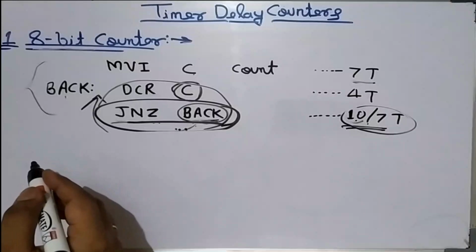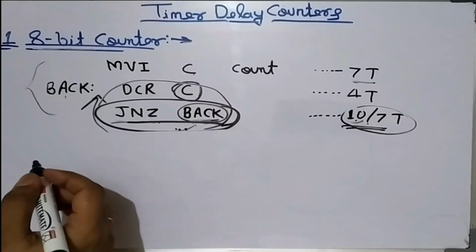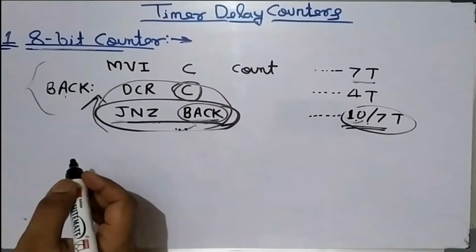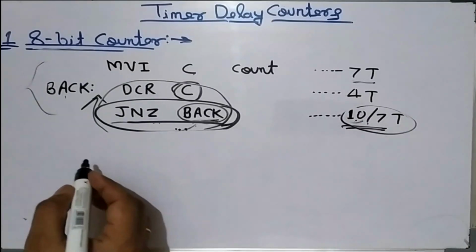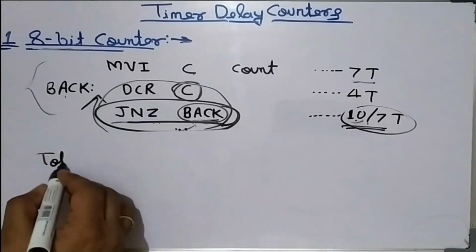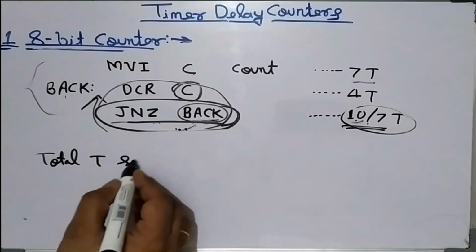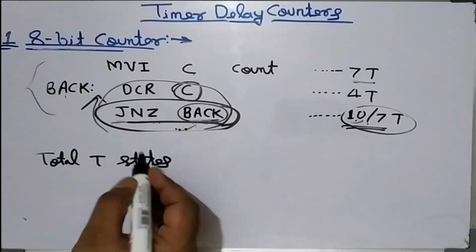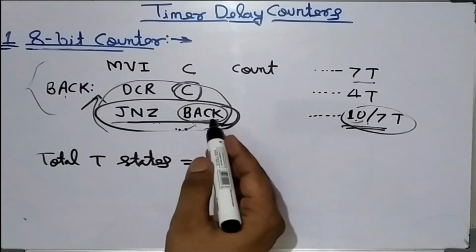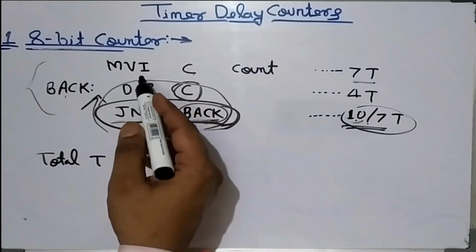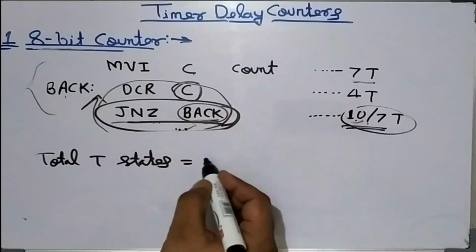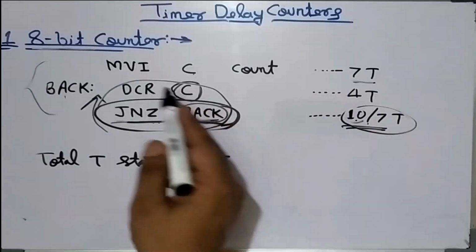Now let us calculate the total T states required to execute the program. Total T states equals, first of all, when the program starts, first 7T will be consumed to execute this instruction.